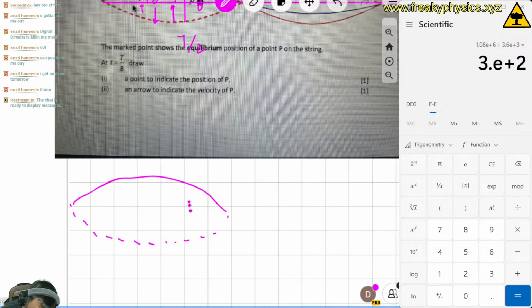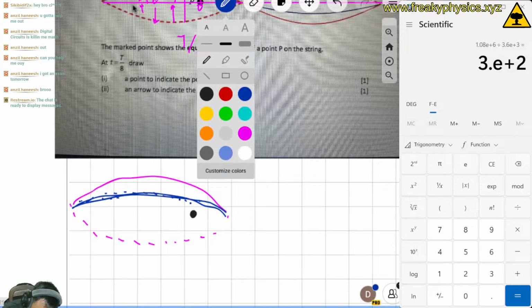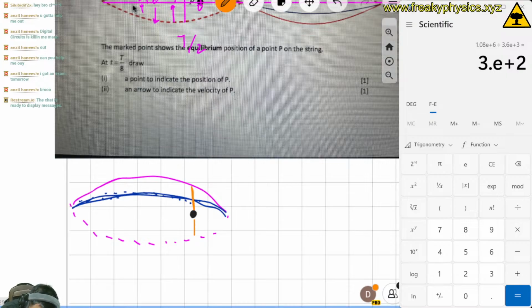And P, if we use the colors as is, is somewhere here, and then we can draw the blue wave like that. Again, imagine this particle, in orange. This particle here will always be oscillating between those 2 points.